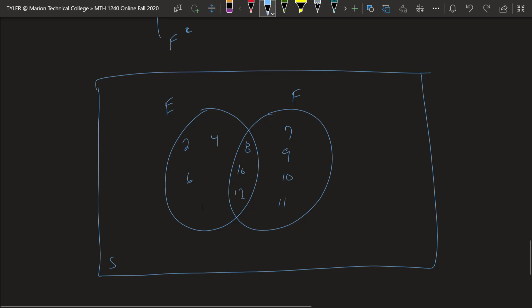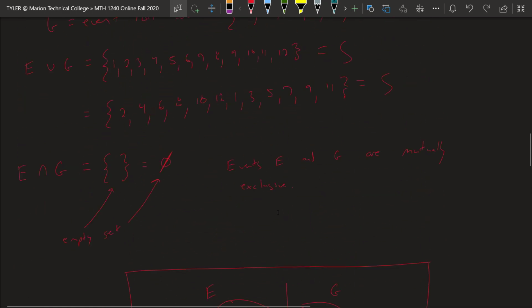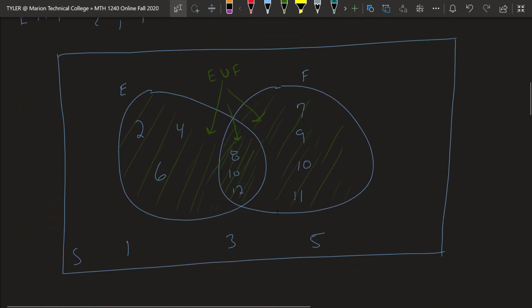Wait, 10 would be in the center. And then we have 1, 3, 5. Let me see if I might have made that error up here too. I did, so fix that in your notes. I shouldn't have written 10 here as well. So we have 1, 2, 3, 4, 5, 6, 7, 8, 9, 10, 11, 12. Yep, I have all the numbers. I just accidentally wrote the number 10 twice.